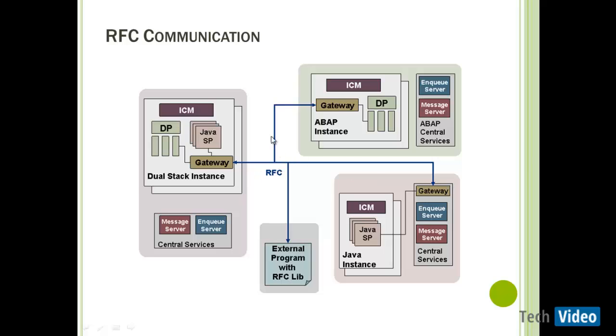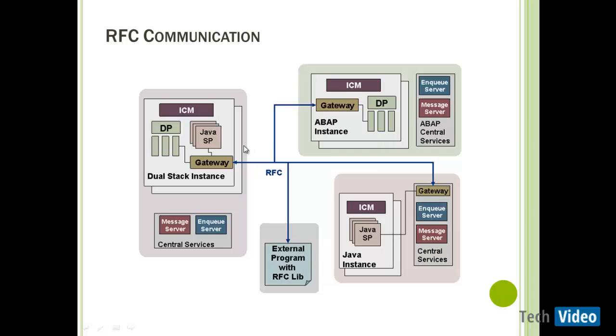So whenever RFC communicates from one system to another, whether it is an ABAP instance, a Java instance, or a dual stack instance, the communication between one SAP system and another is through the gateway. That means when you call RFC through the gateway, it will call the other gateway in the second system.